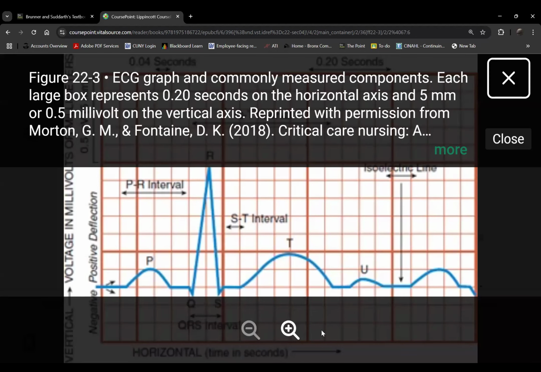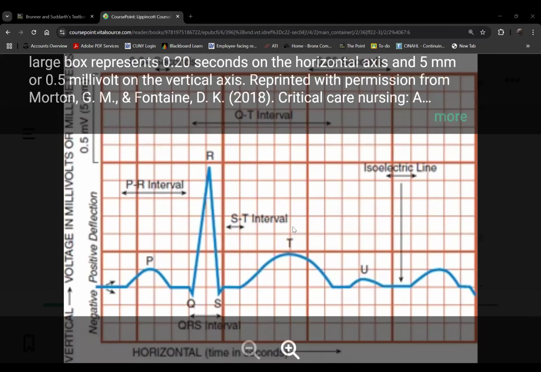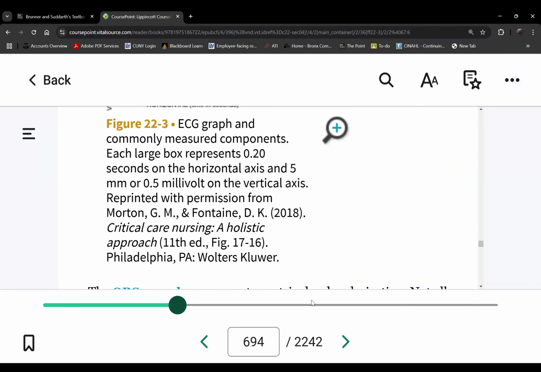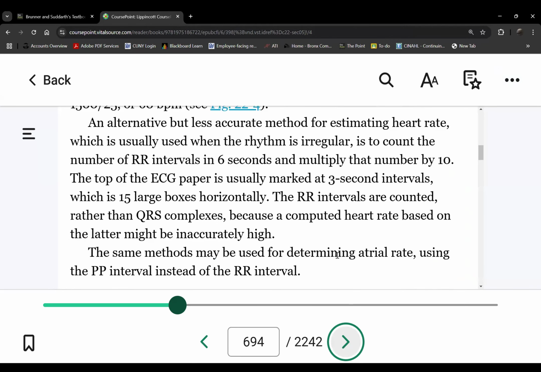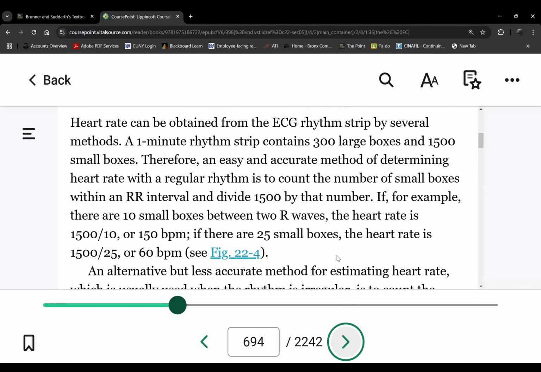The easiest method to use according to your textbook is the R to R method, or you can simply count the number of beats in a 6-second strip. Now, why a 6-second strip? Is it practical to print a 1-minute strip?